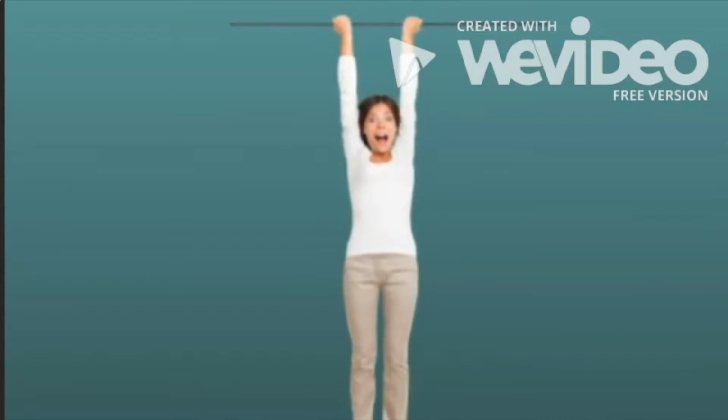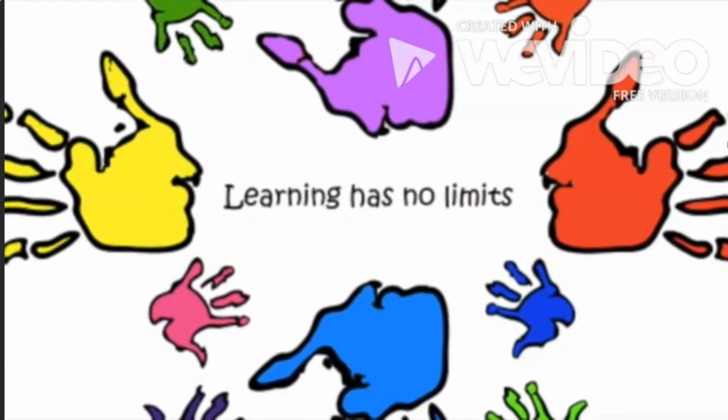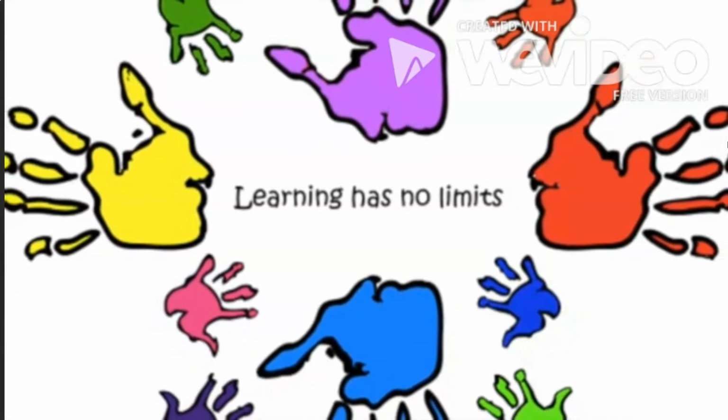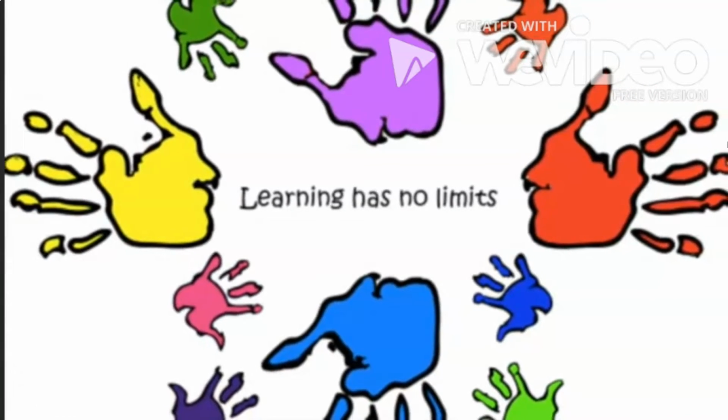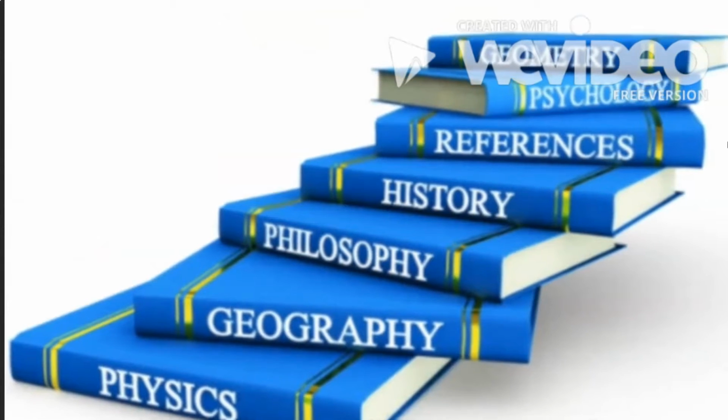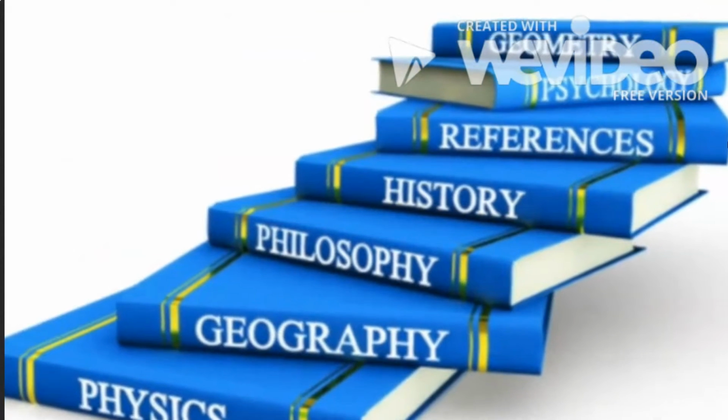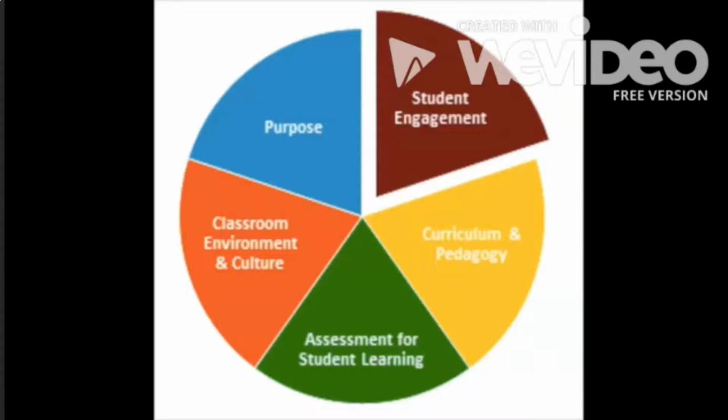RTI can also prevent children being placed in special education for a learning disability. In the early grades, students are screened to see what subject areas they have trouble with. Then the students are placed in an intervention program that uses high-quality, evidence-based instruction.